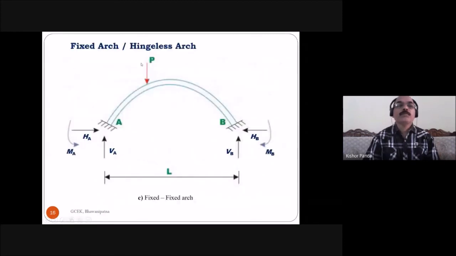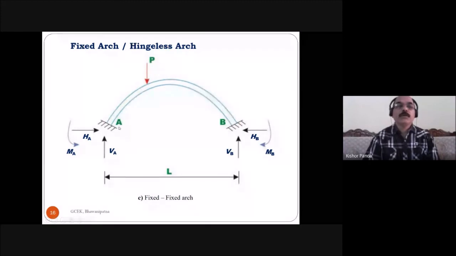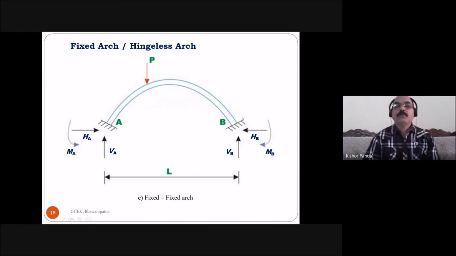Then coming to the fixed arch, this is also called a hingeless arch, because there is no hinge. This is one support and this is another support. Support A is fixed and support B is fixed.